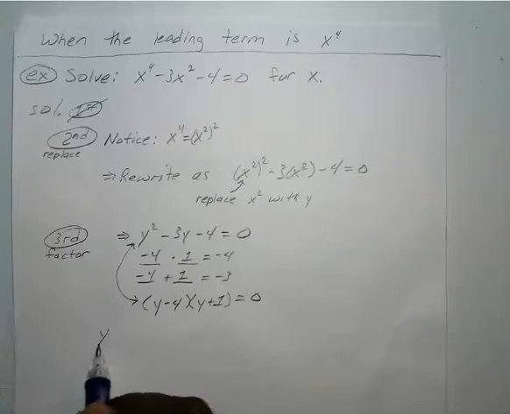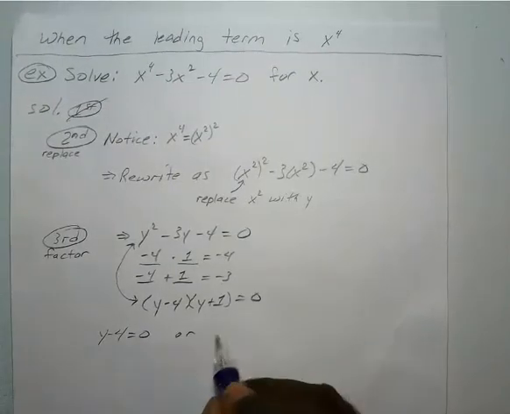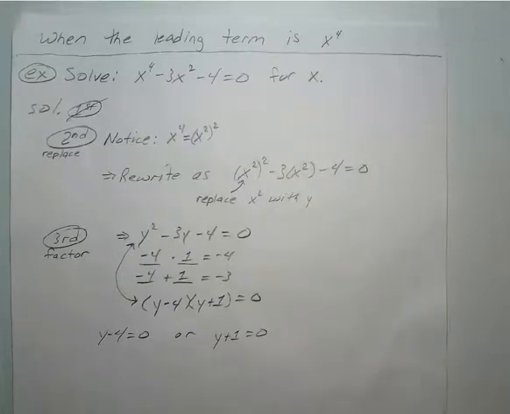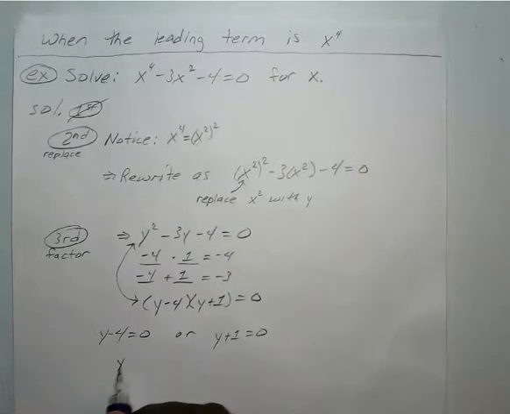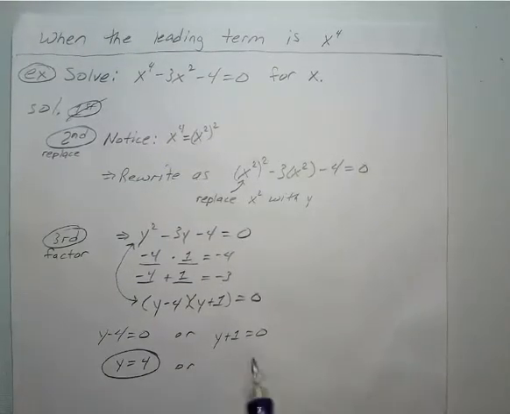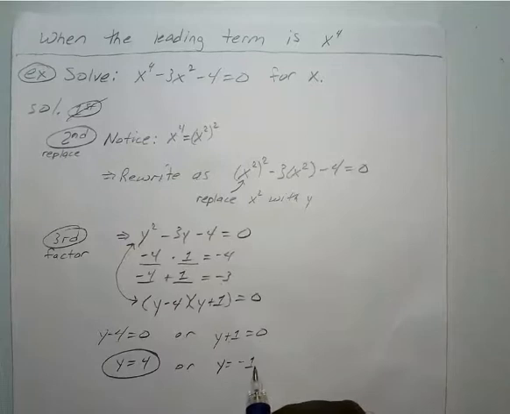That means y minus 4 can equal 0, or y plus 1 can equal 0. If we add 4 to both sides here, we get y equals 4. Or if we subtract 1 from both sides here, we get y equals -1.